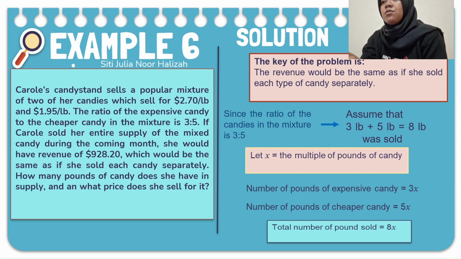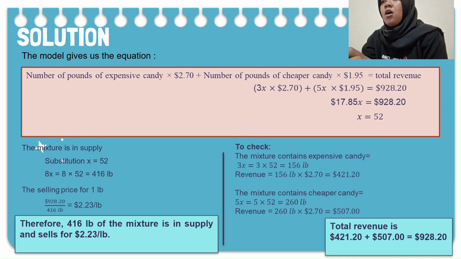Okay, this is the solution. Number of pounds of expensive candy times $2.70 plus number of pounds of cheaper candy times $1.95 equals total revenue.